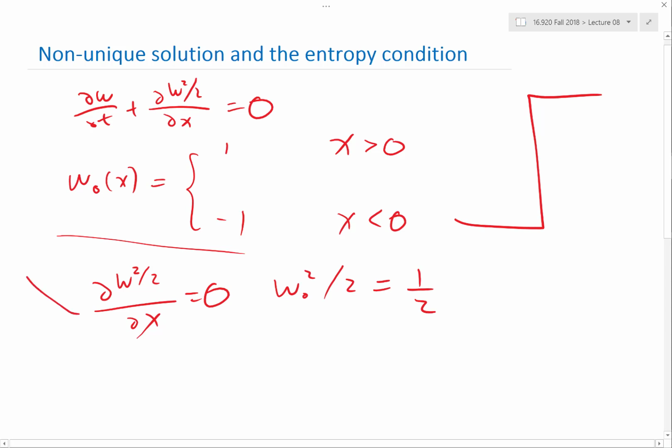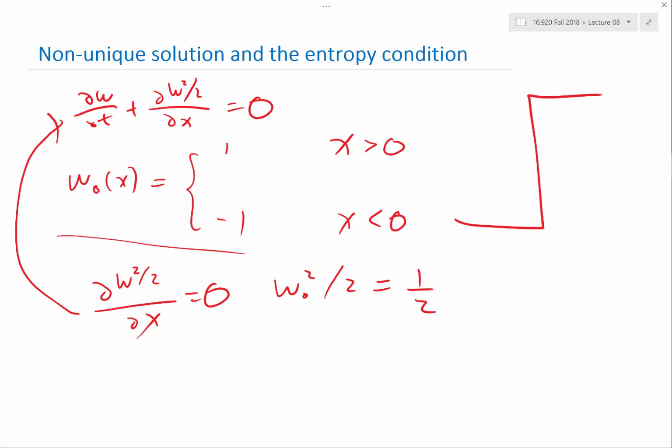So if you plug that into the differential equation, the solution doesn't change. I have a stationary discontinuity constantly being stretched out and getting something out of nothing in some sense. Okay, so this is actually two solutions, right?